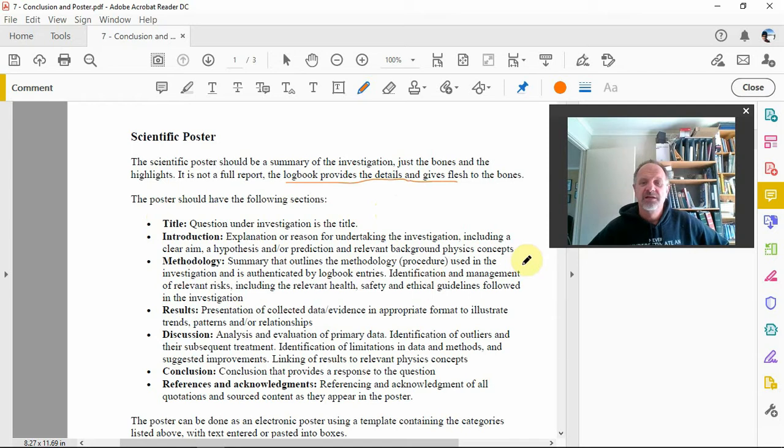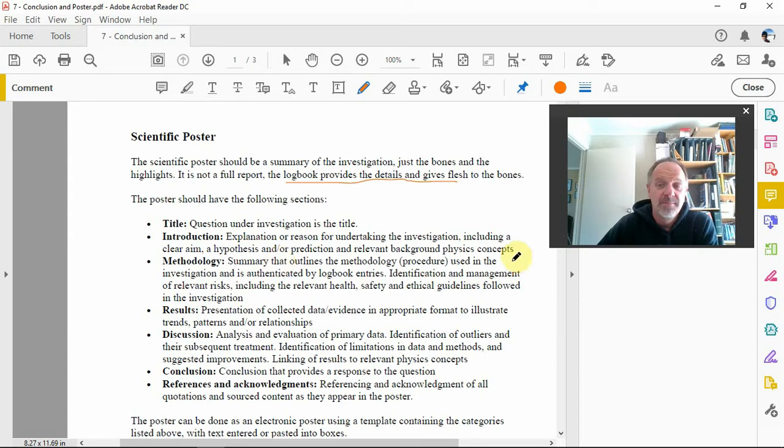Methodology summarises the procedure, okay? Now, if there are relevant risks, relevant health, safety, and ethical guidelines, so if there was something that you really needed to look out for, you would put it in there. Probably with most of what you're doing, there's not really much involved there. But again, because of the word limit, that's got to be pretty quick.